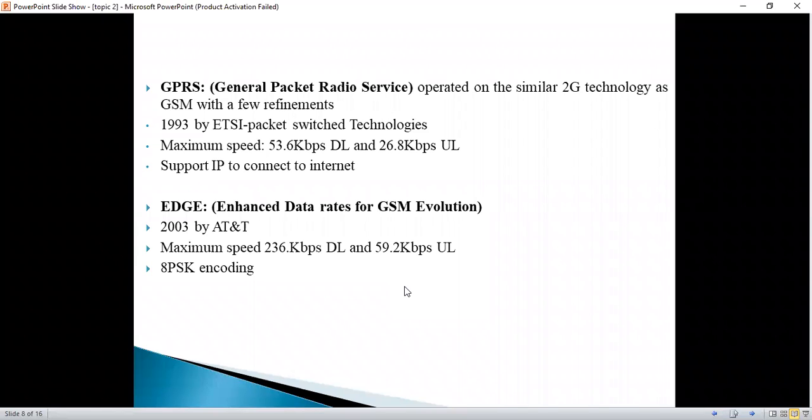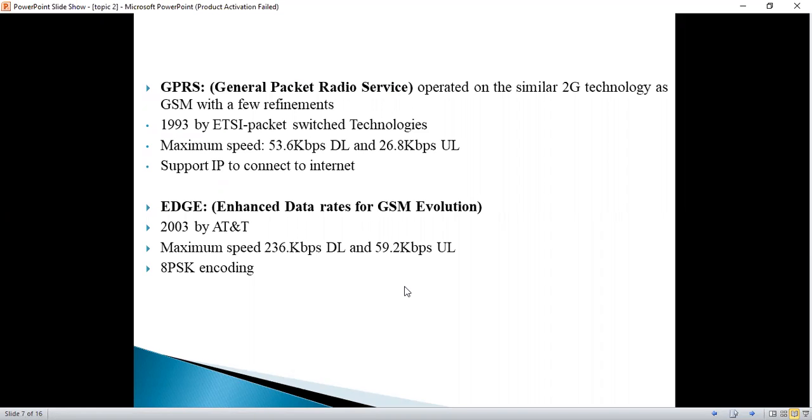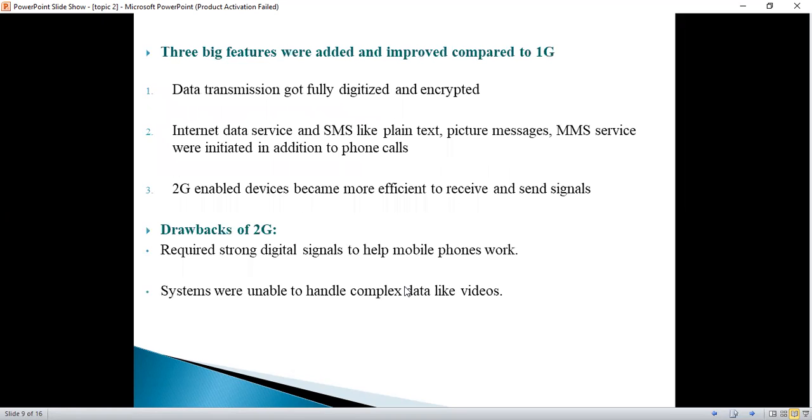You might be familiar with IP addresses, since it is all about supporting internet protocol. So it provides the connectivity to the internet, right? Then we have EDGE. It is more enhanced than GPRS, and this was the generation where we could send SMS and MMS also.